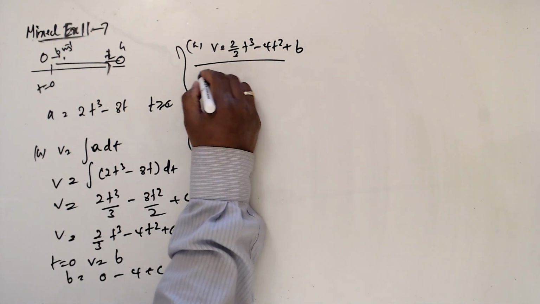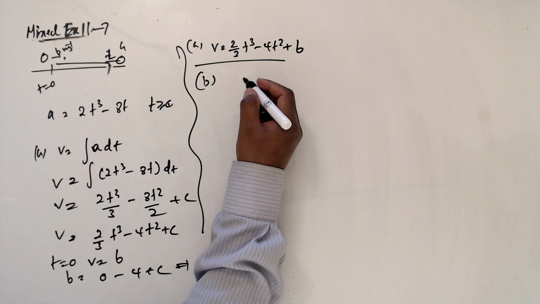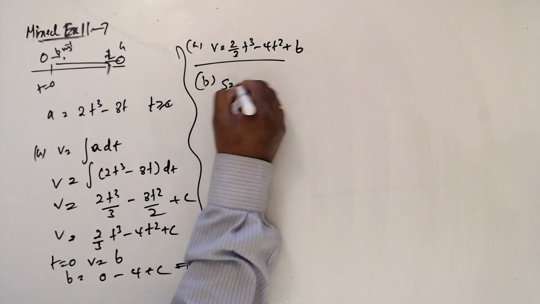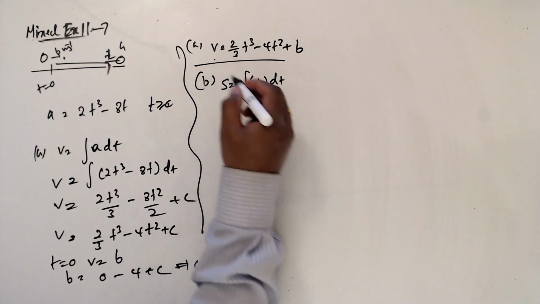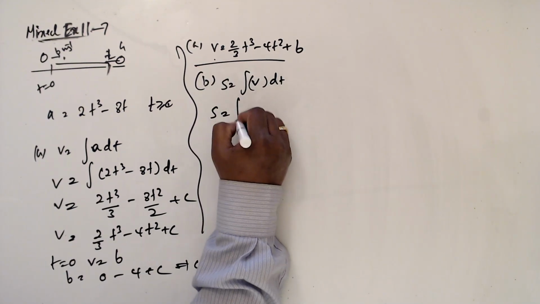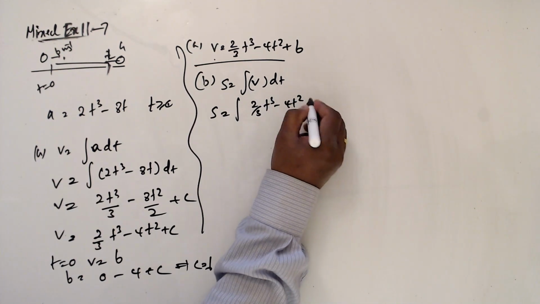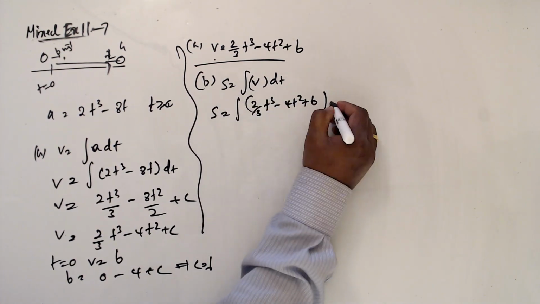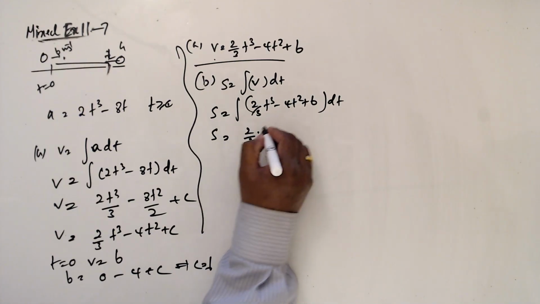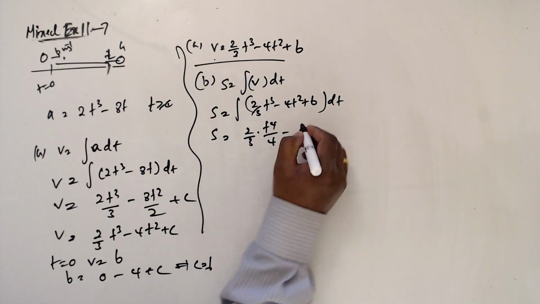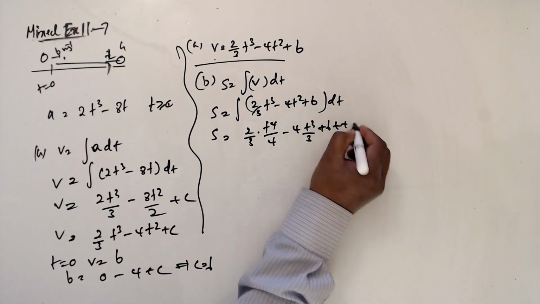Then part B, we need to find the displacement from the origin at time t. So displacement we will get when we integrate velocity, that is integral of 2 over 3 t cube minus 4t square plus 6 dt. Then this becomes 2 over 3 t4 over 4 minus 4 t cube over 3 plus 6t plus d.